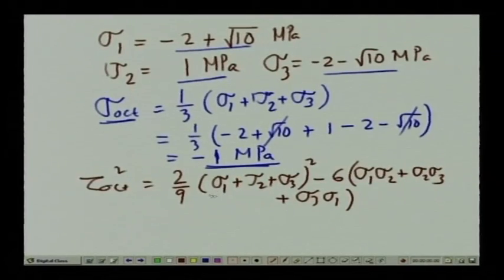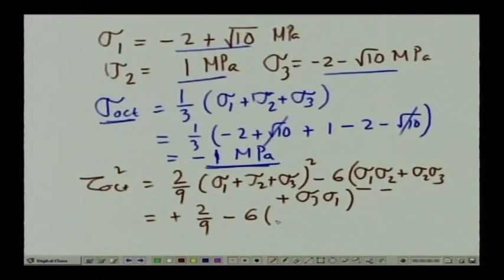Here sigma 1 plus sigma 2 plus sigma 3 we have computed as minus 1. So, this is 2 by 9 of minus 1 square, plus 2 by 9 times minus 6 of, we can substitute the values of sigma 1, sigma 2, sigma 3.